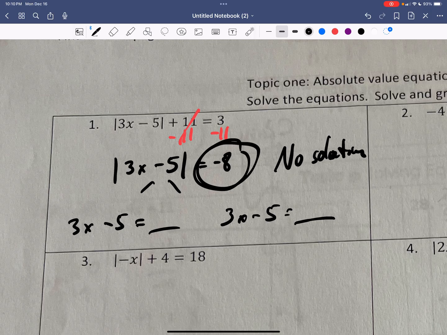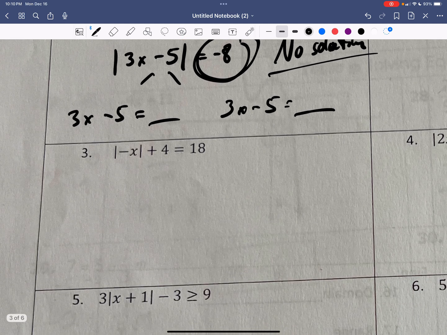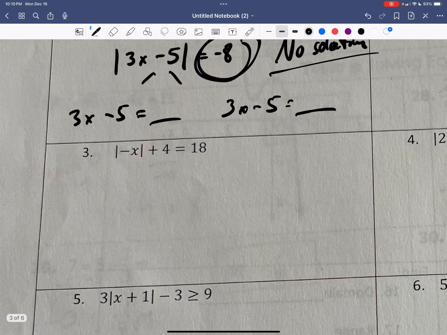You cannot have an absolute value equal to a negative number. Traditionally, we get the absolute value by itself, then we break it up, do one positive, do one negative, and that gives us our two solutions. But in this case, negative is no good.